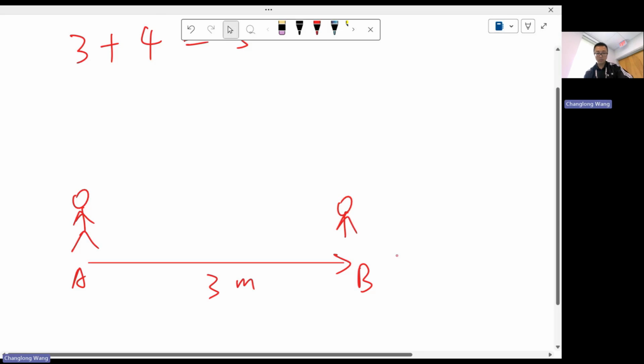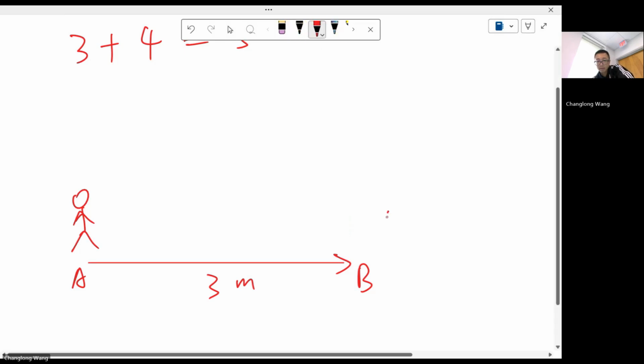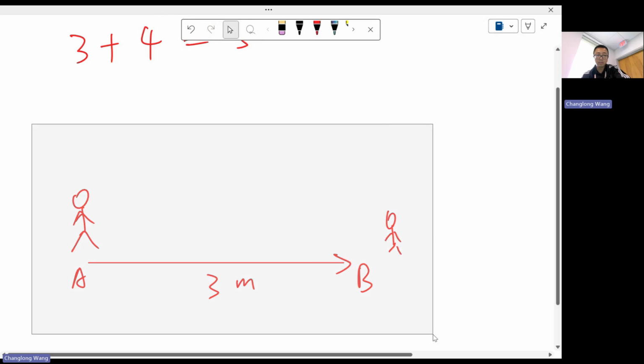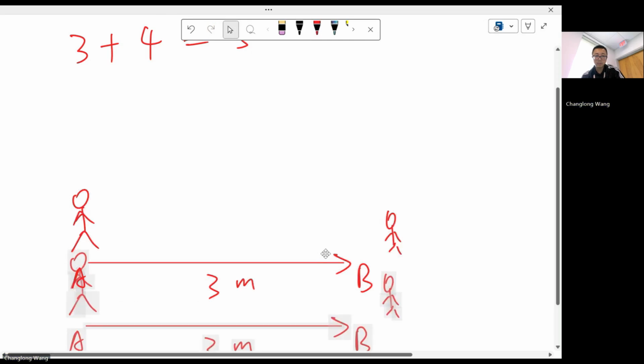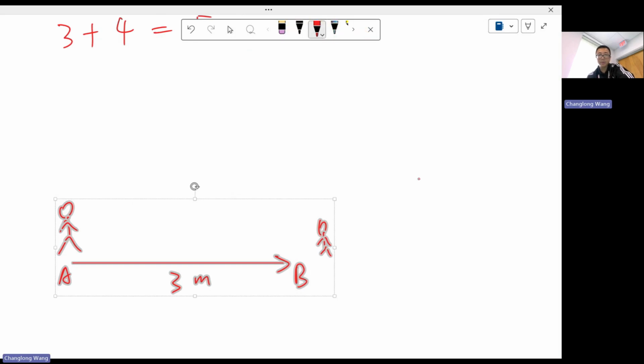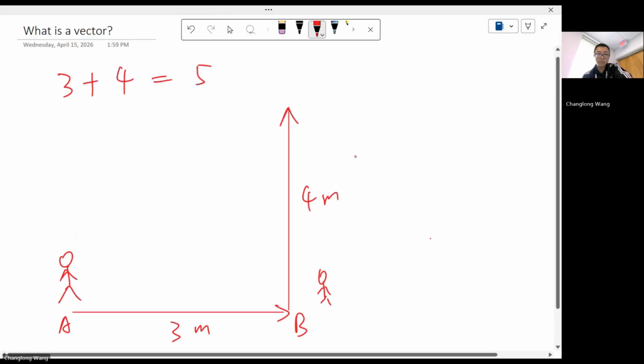And he's going to go, oh shoot, I guess that I should get more distance. And he's going to go straight to the north, walking 4 meters. Get to point C.